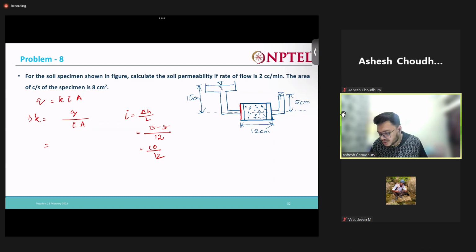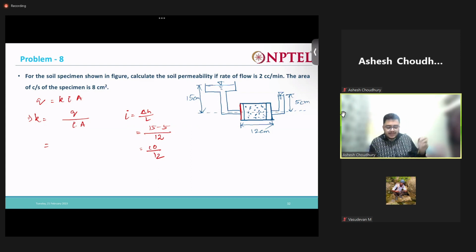Okay, in the next question it is given: find the coefficient of permeability of a soil which has a height of 6 centimeter. So the height of the soil is 6 centimeter and the cross section is 50 centimeter square. Water equal to 450 ml passes through the soil in 10 minutes, meaning the flow volume is given, so 450 ml by 10 minutes.